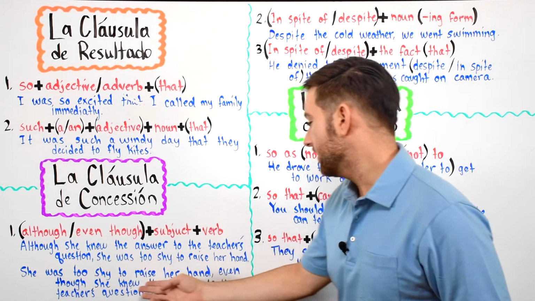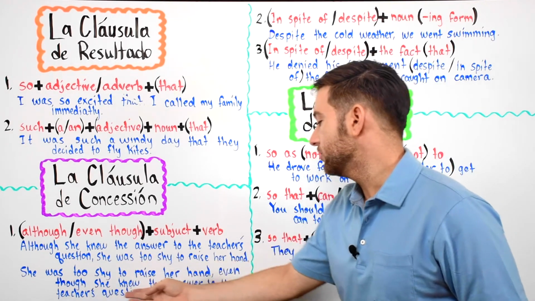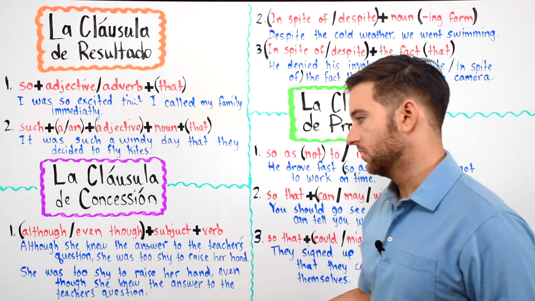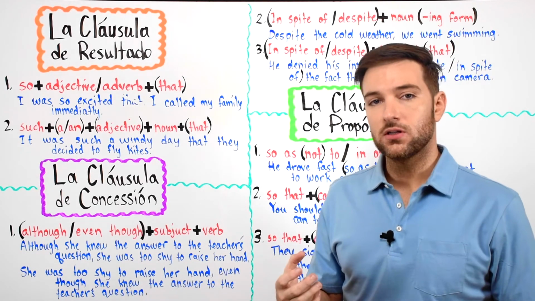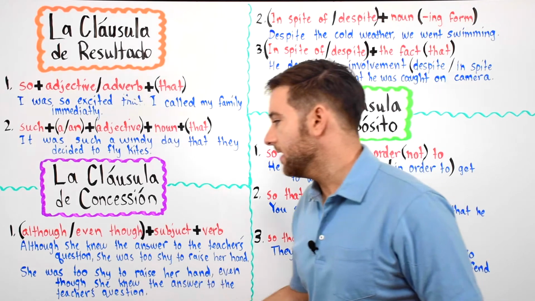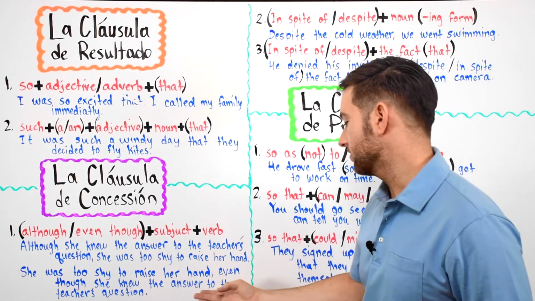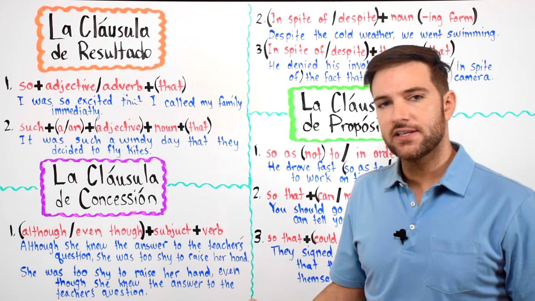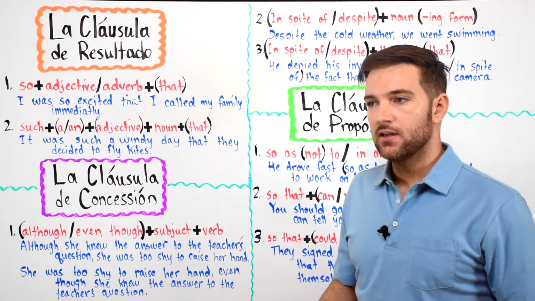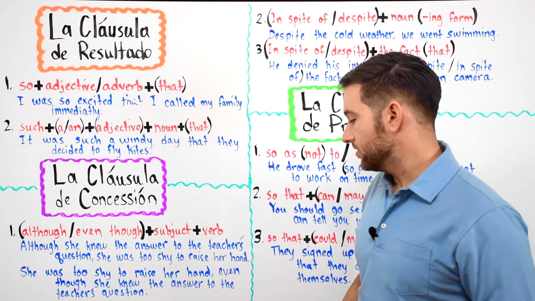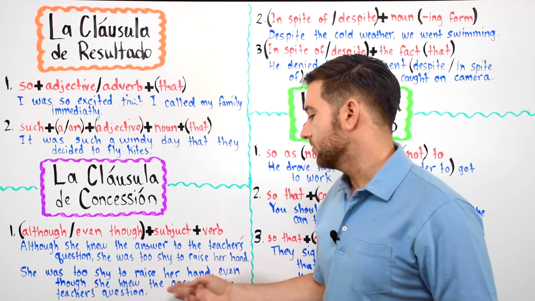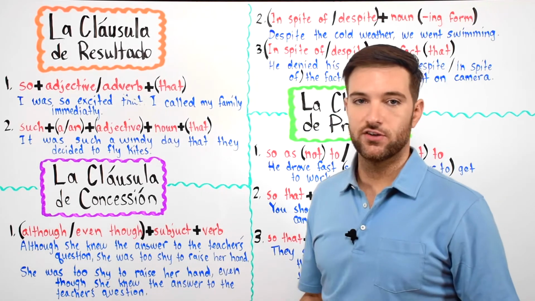She was too shy to raise her hand, even though she knew the answer to the teacher's question. But if we're more formal, maybe you could say, she was too shy to raise her hand, although she knew the answer to the teacher's question. You can say it, but in informal conversations, we say, even though she knew the answer to the teacher's question.